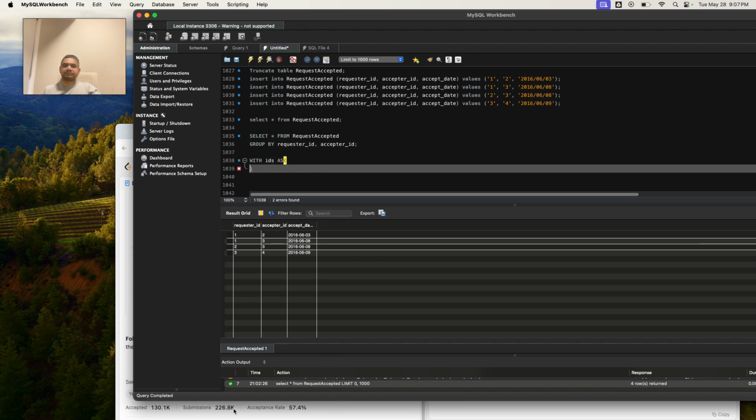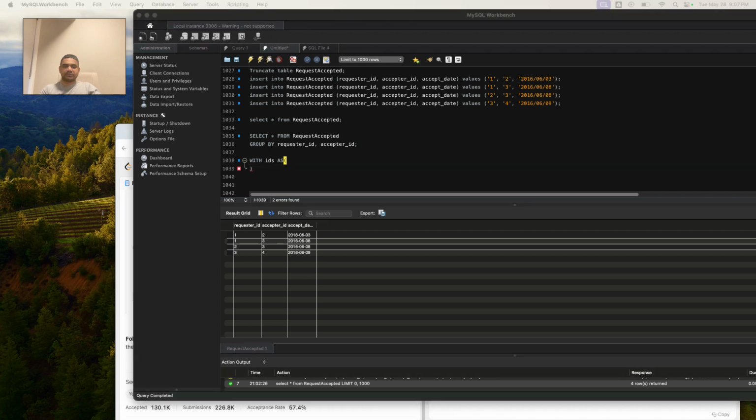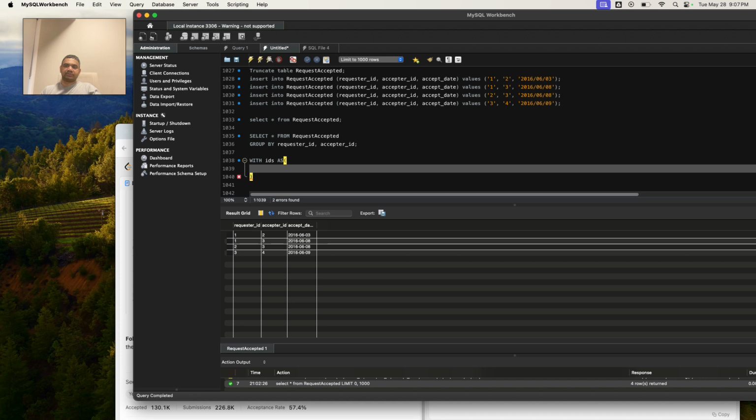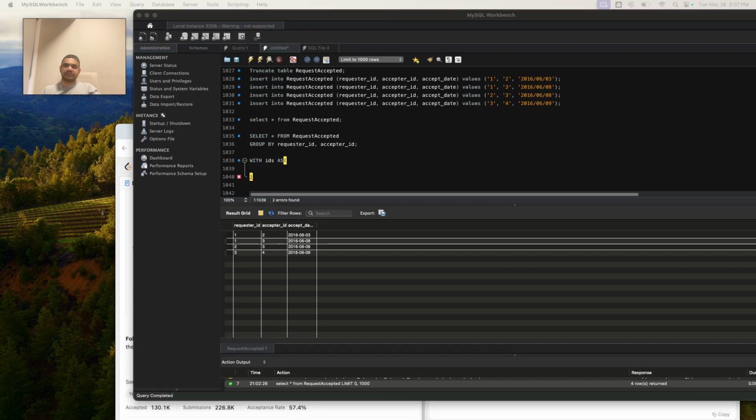I already discussed CTE, common table expression. It's an intermediate operation where we take the result into a temporary place.